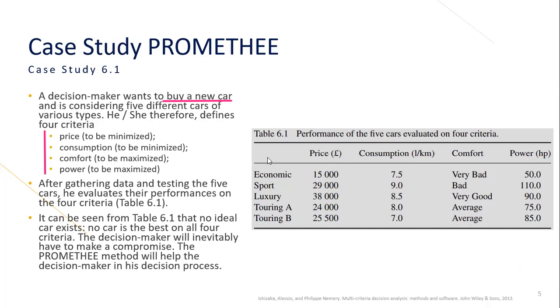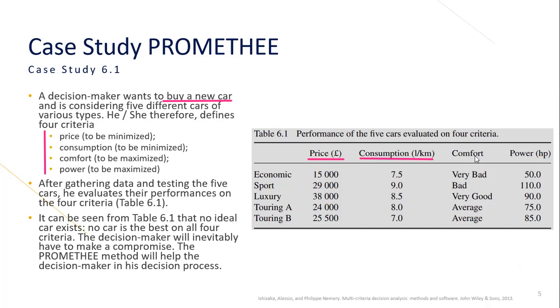Let's say here we decide to have 4 criteria. First is the price. Of course, we want it as minimum as possible. And then the consumption of the fuel, measured per kilometer. So the higher the better, right?